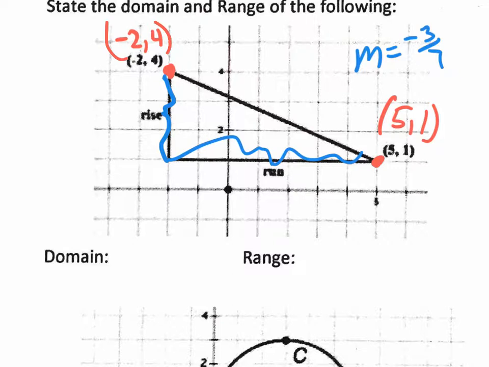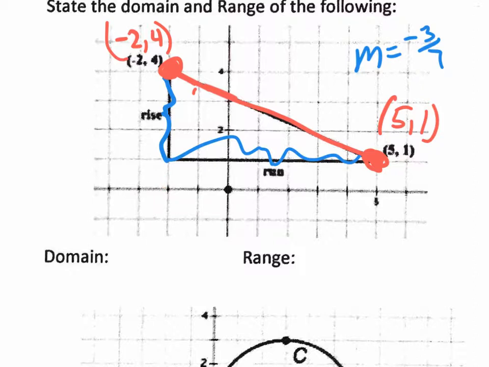The domain is looking at your x-axis, looking at your x number line. So let me ask you this. Does this red segment that goes from here to here, does it exist at the x value of negative 4? No. Does it exist at the x value of negative 3? No. Where does it exist? Right here at negative 2.